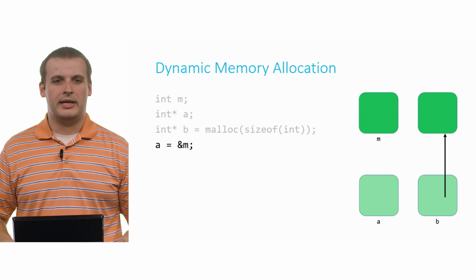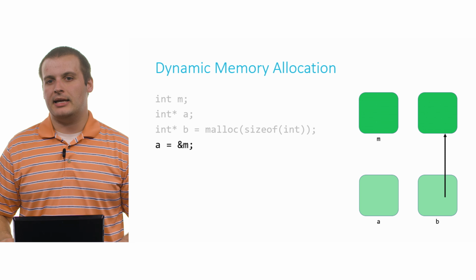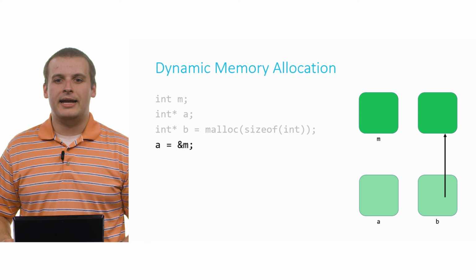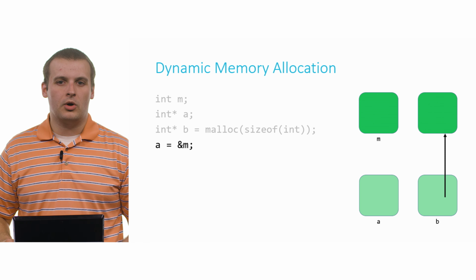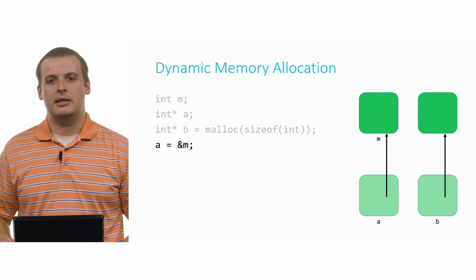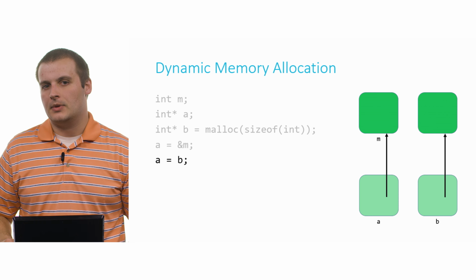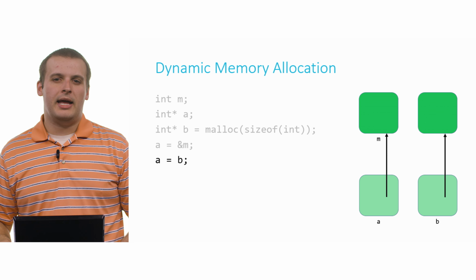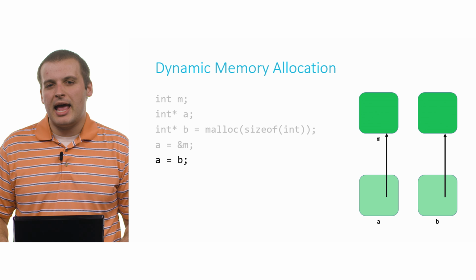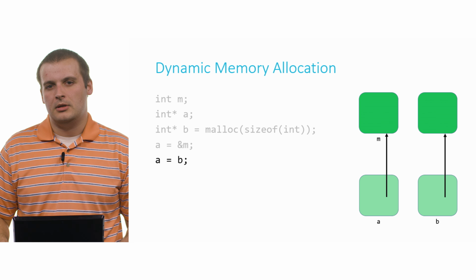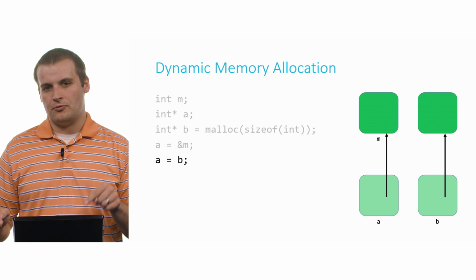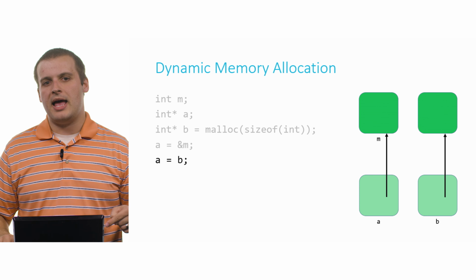Now I'll get a little more straightforward again. a equals ampersand m. Do you recall what a equals ampersand m is? Well, that's a gets m's address, or put more diagrammatically, a points to m. a equals b. Okay, so here's another one. a equals b. What's going to happen to the diagram this time? Well, recall that the assignment operator works by assigning the value on the right to the value on the left.